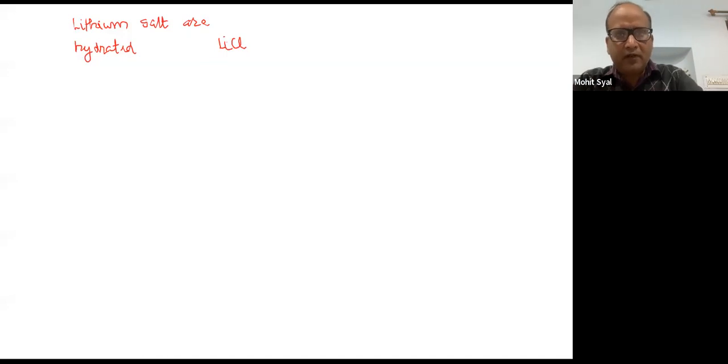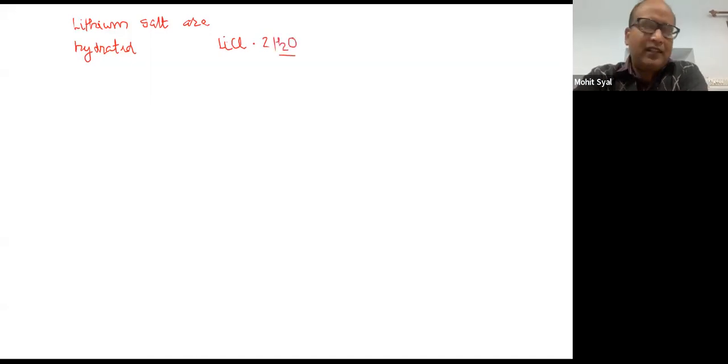It will remain solid only. It absorbs water in its crystal itself. The crystal will remain a crystal, but between the lithium cation and the Cl minus anion, these water molecules are going to get deposited.